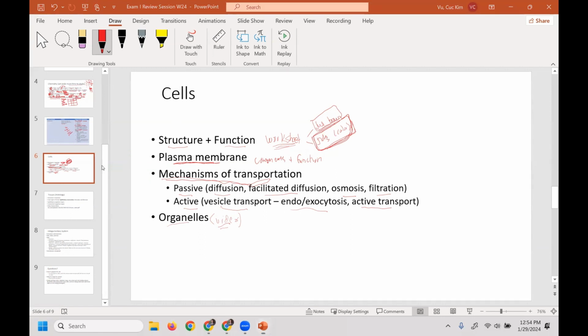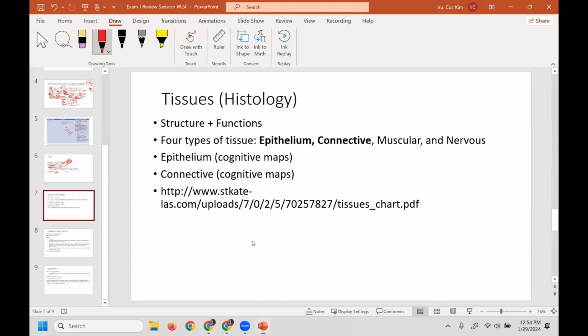All right, then we have tissues. It seems to me out of all the chapters, students really struggled on the last two, tissues and integumentary. The quiz grades dipped a little bit for these two. It's really not that hard. When I was first studying this stuff, it felt so hard because there's just so many.